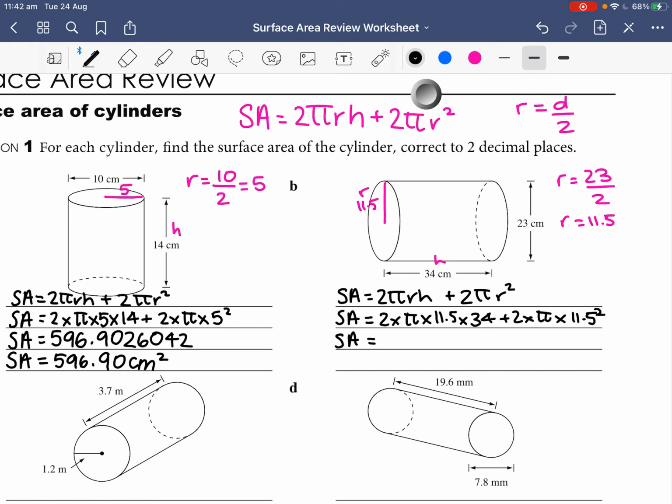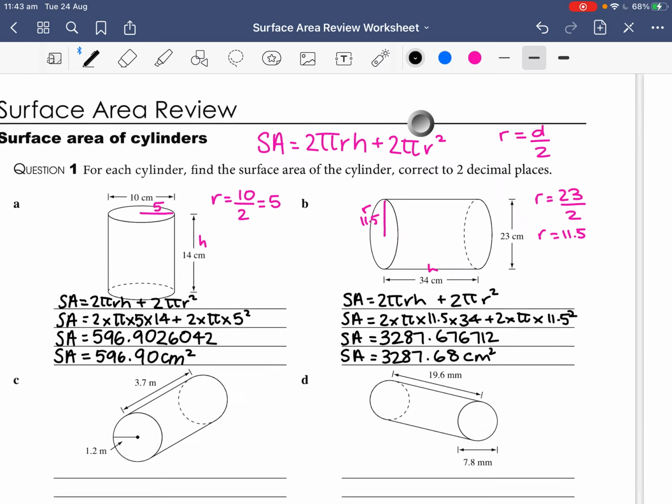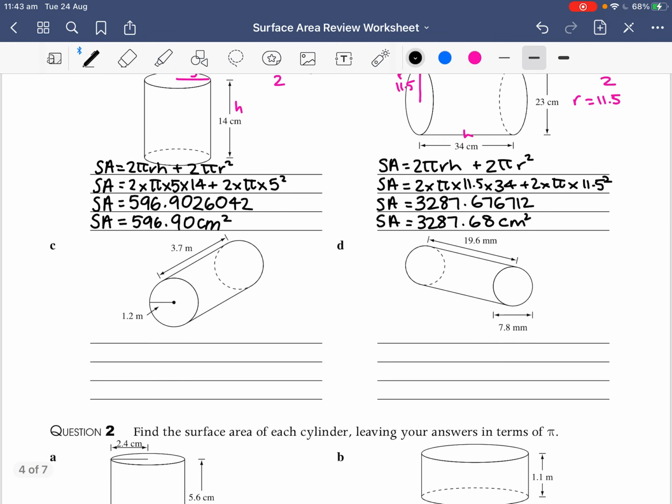This equals 3,287.676712. To 2 decimal places, this is 3,287.68 centimeters squared.